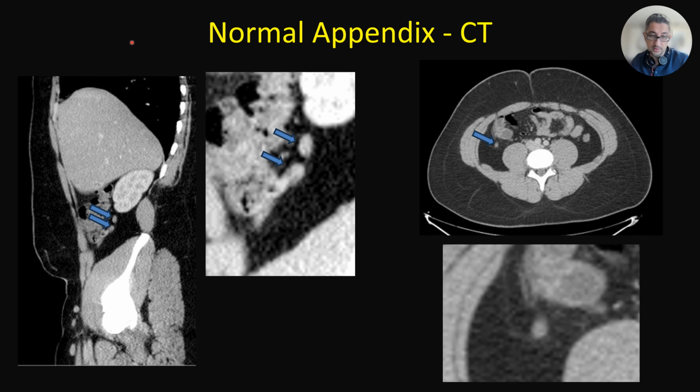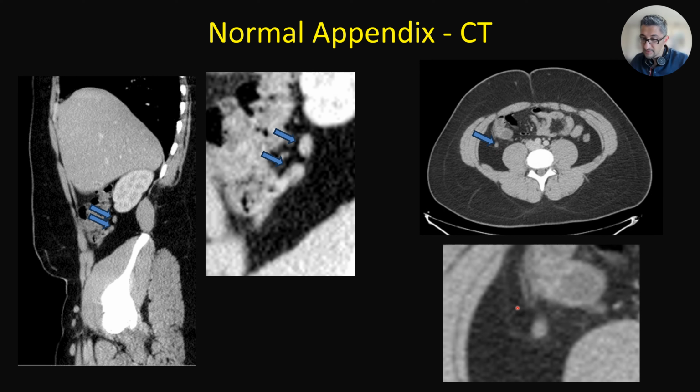Another normal appendix seen on the CT. The origin of the appendix is always retrocecal, posterolateral, and many times most parts of the appendix are retrocecal, so hard to find on ultrasound, but on CT it cannot hide and we can see it, and that's the retrocecal appendix, which is normal.